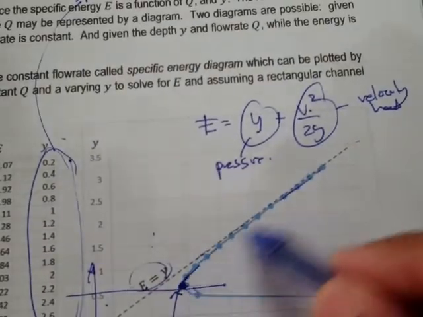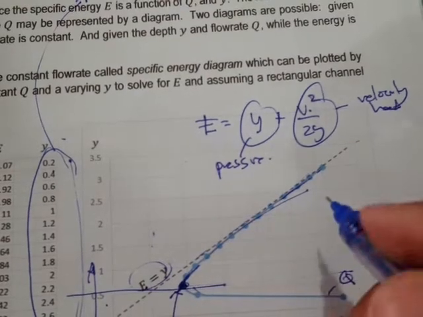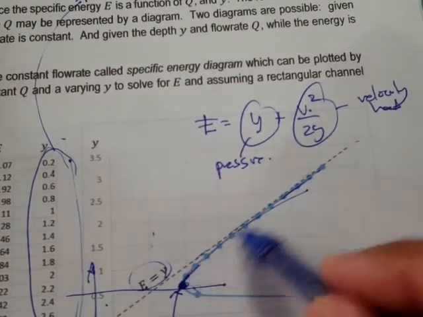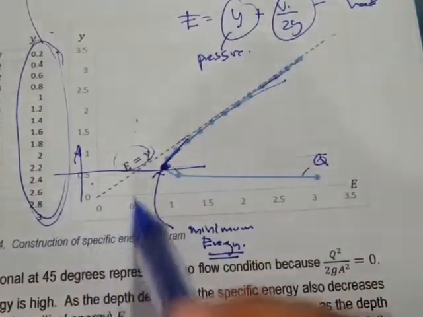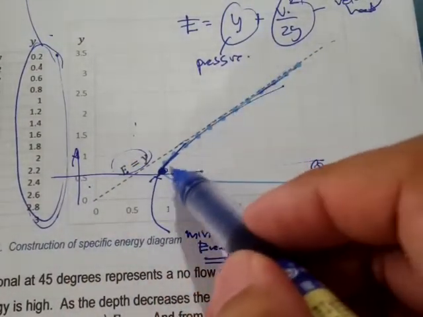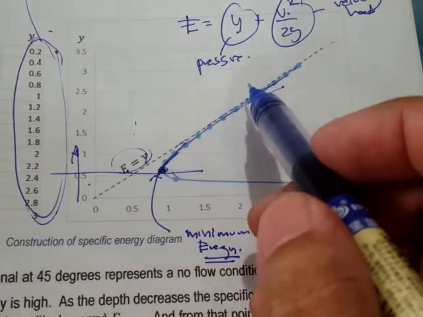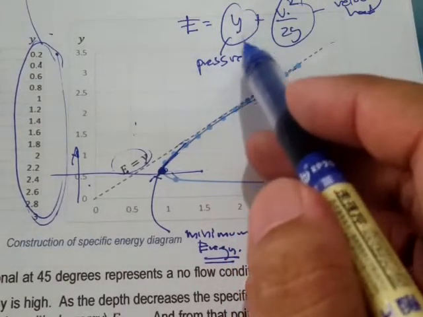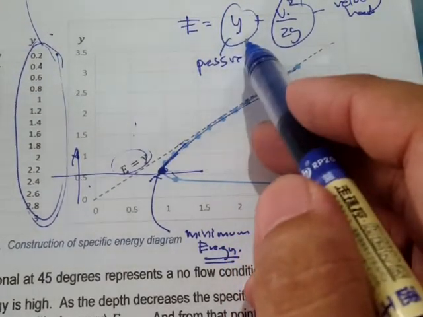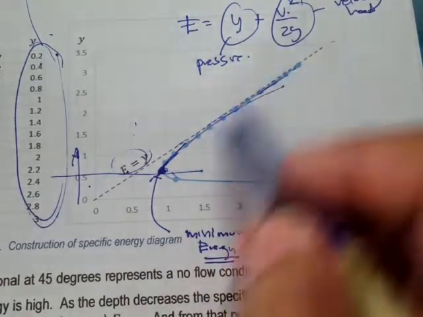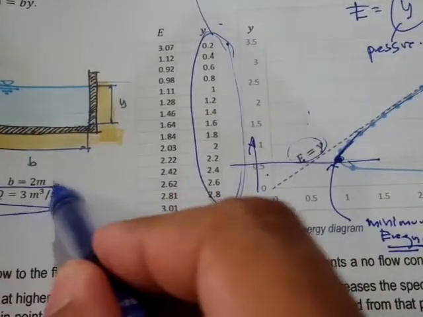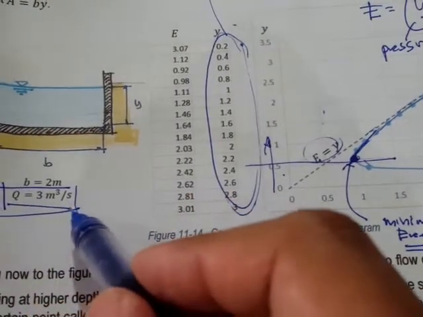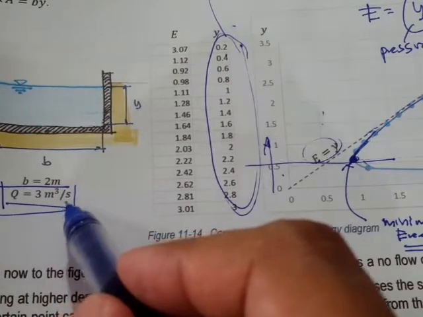But right here, we have a higher depth, right? So higher depth because this is the y, and that means that much of the energy is actually attributed to the pressure head or the static head. So it's slow moving fluid, but at higher depth to achieve the same flow rate, right? So take note that we take the flow rate as constant, and that's 3 cubic meters per second.